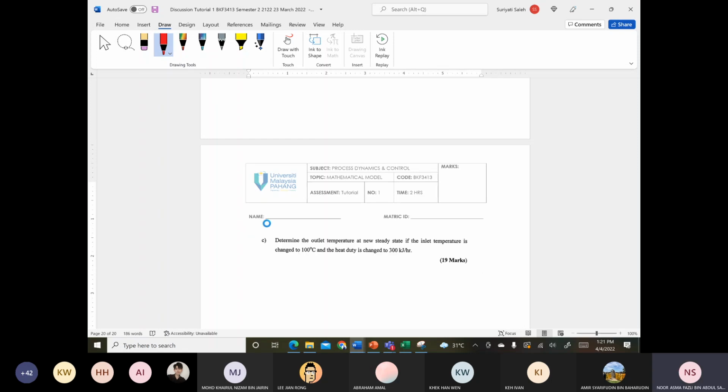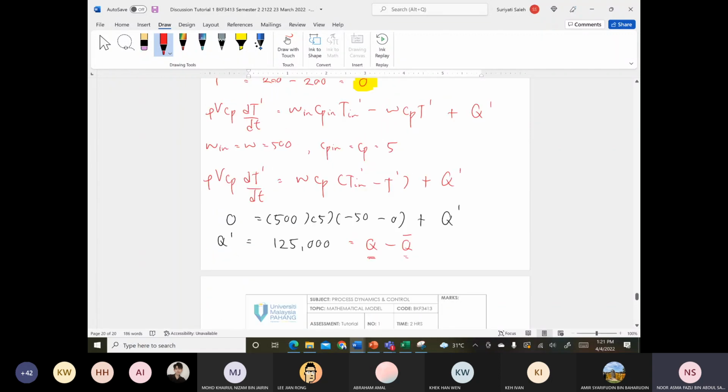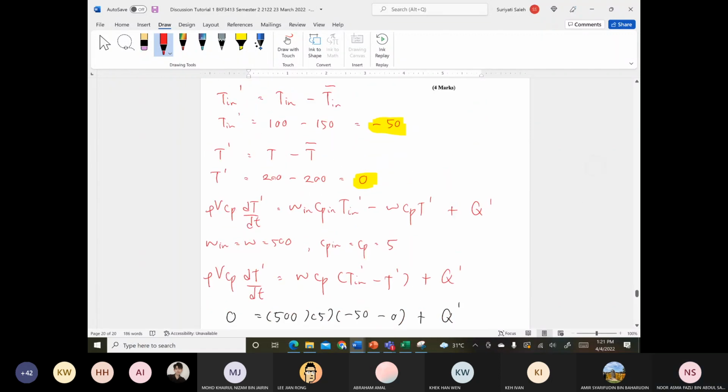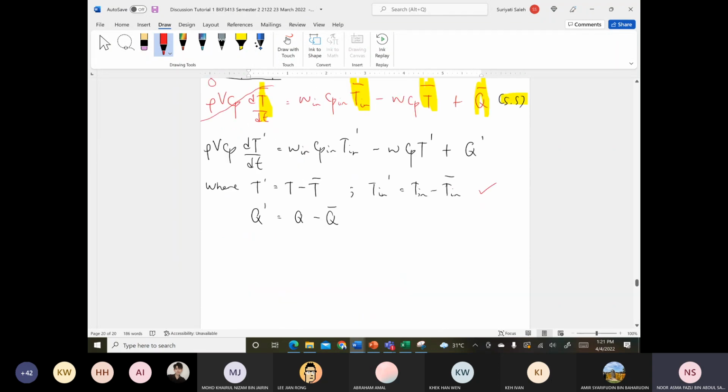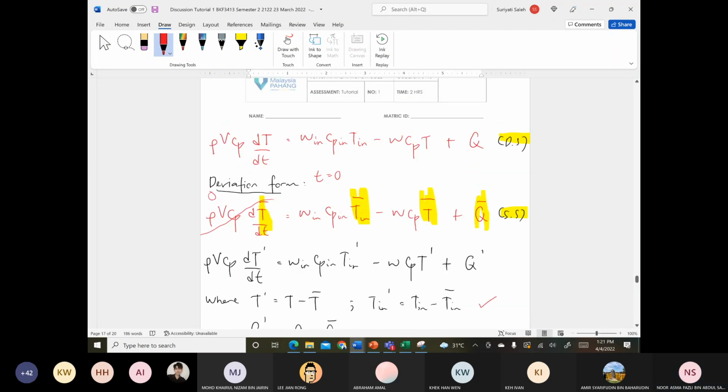Alright, so here we use the deviation form equation, which is this one or this one. The rho V Cp dT prime over dt for our solution.